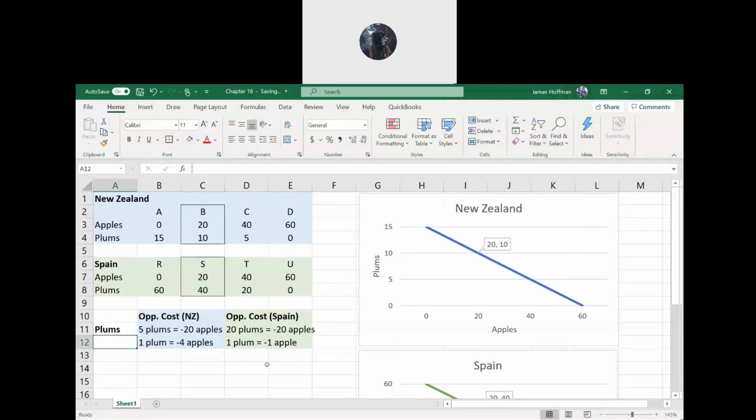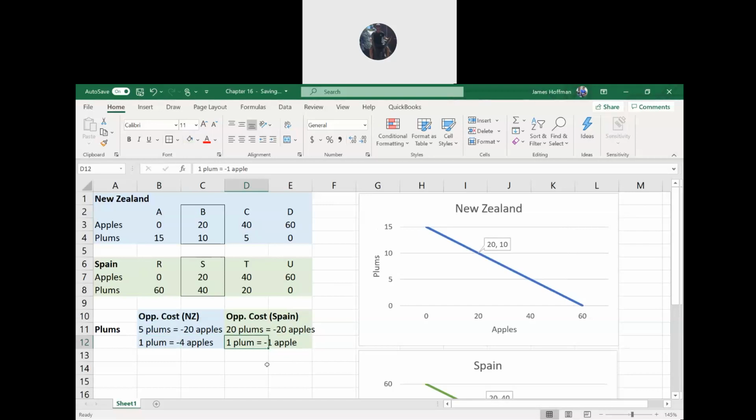This is a good way to do the analysis because comparative advantage is about who gives up less. Every time New Zealand produces a plum, they lose 4 apples, whereas every time Spain produces a plum, they only give up 1. So they're giving up less.